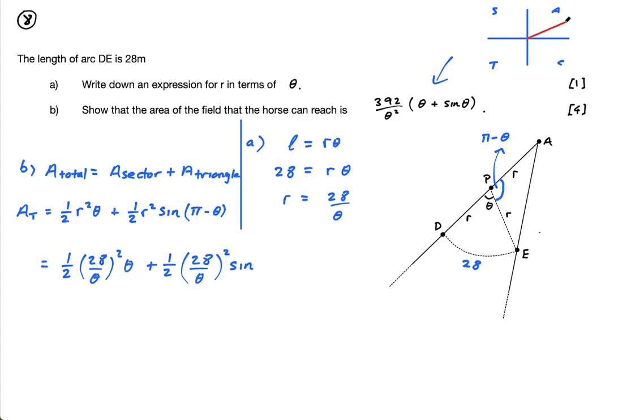So the y coordinate of theta is equal to the y coordinate of the angle pi minus theta. So this is actually equal to sine of theta. Now we're nearly there.